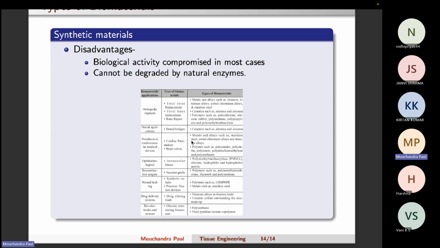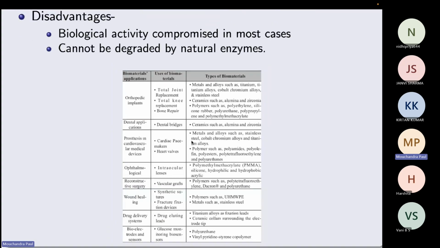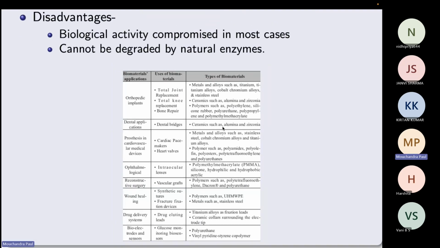So this is a table which shows you the types of biomaterials being used for different applications. Metals like titanium alloys, cobalt chromium alloy, and stainless steels are used for making knee replacement prosthetics, total artificial knees, and artificial joints.